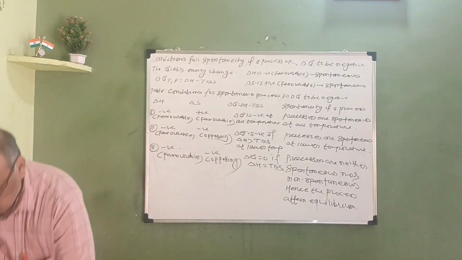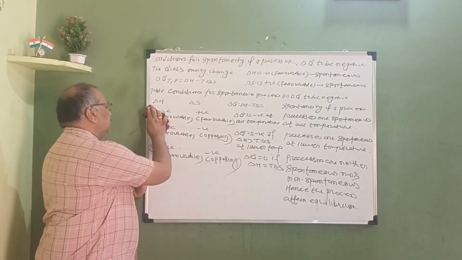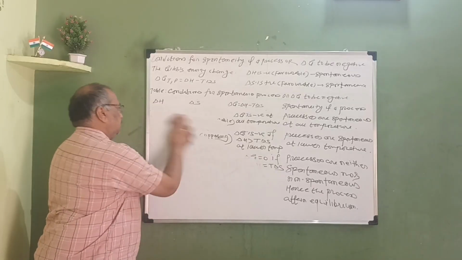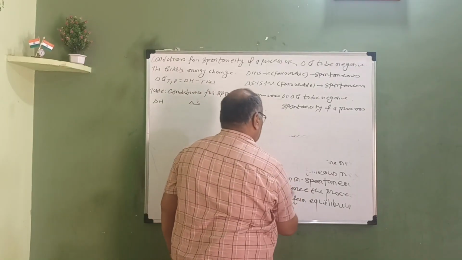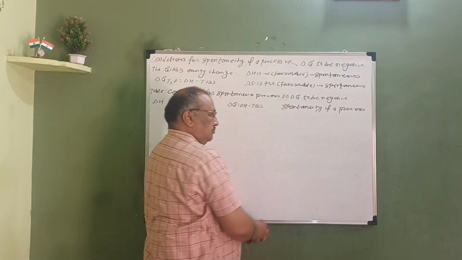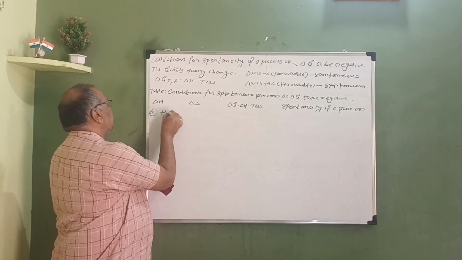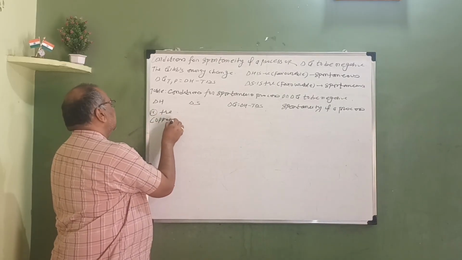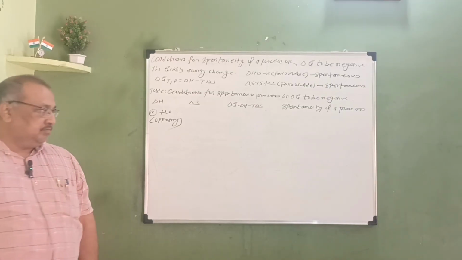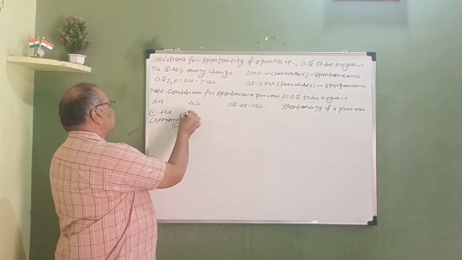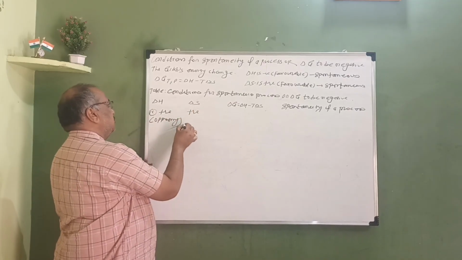Then fourth, if suppose delta H is positive, that means this is opposing, and delta S is positive, that is favorable.